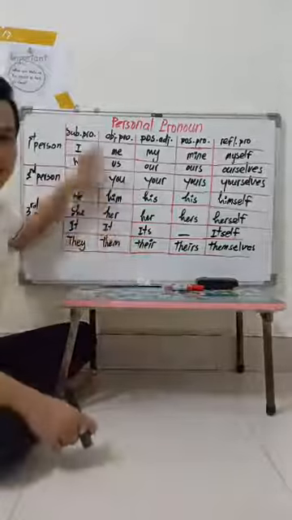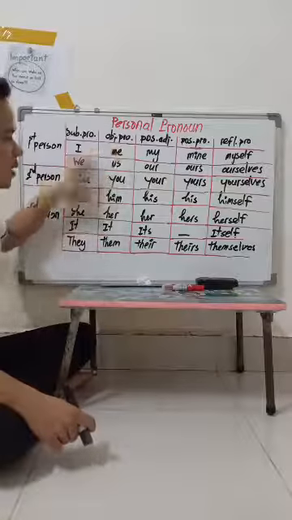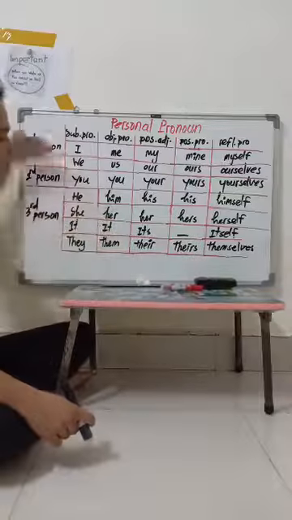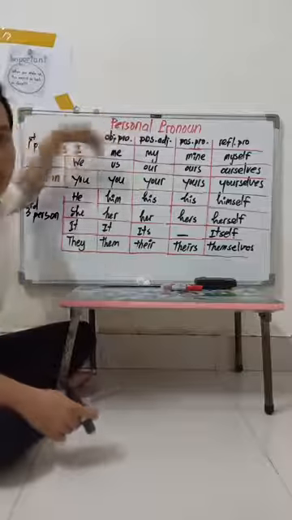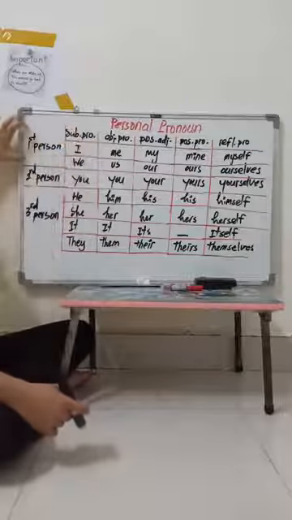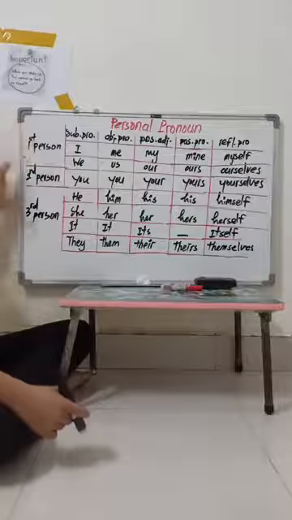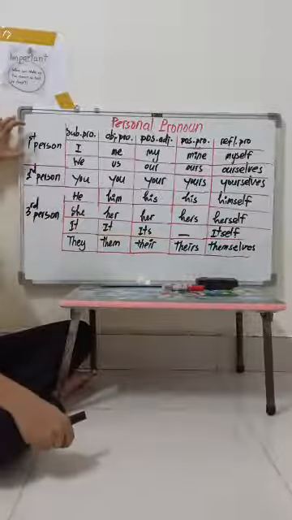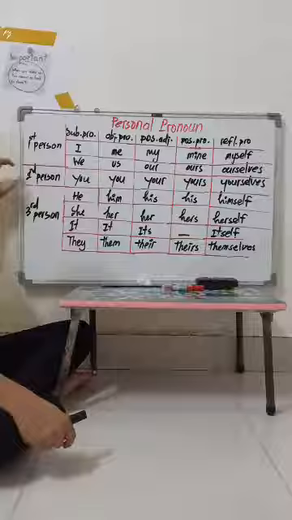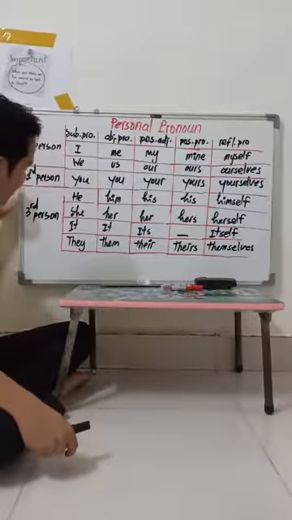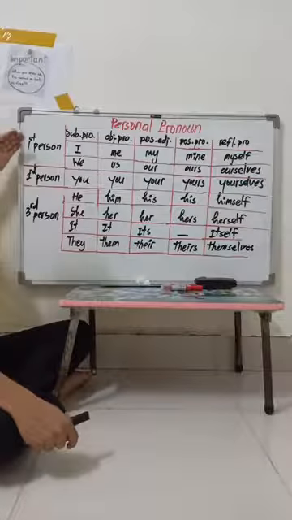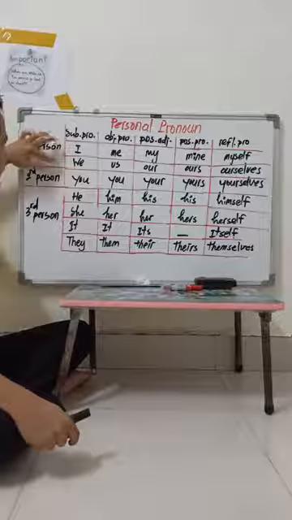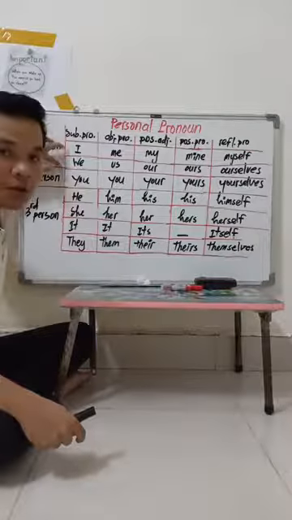I divide it into parts for you to learn one by one, following its columns here. You can see three kinds of person: first person, second person, and third person. For the first person here I divide two columns.